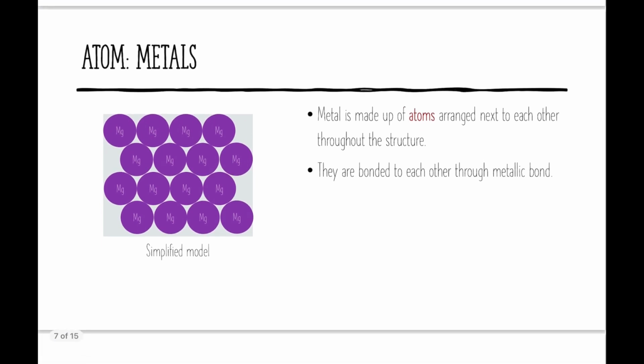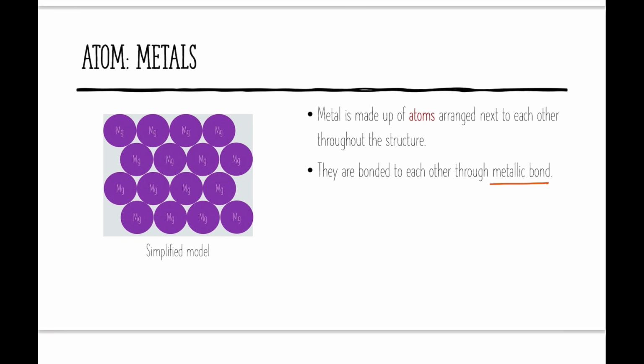Let's have a look at why metals exist as atoms. Metal is made up of atoms closely packed in a metallic lattice. Here is a simplified model to show how metals are packed in a lattice and bonded through metallic bonds.